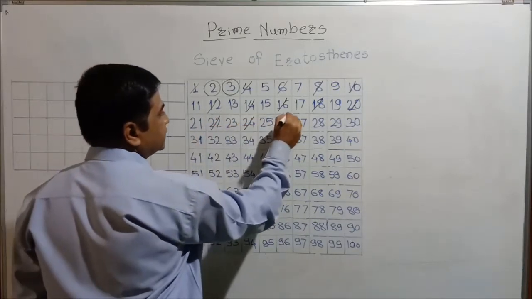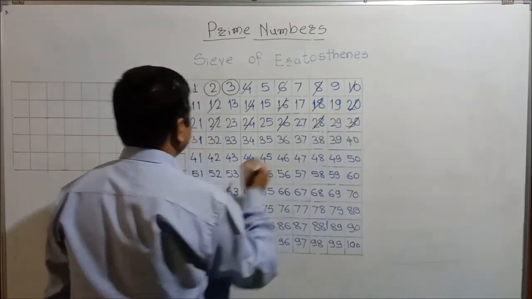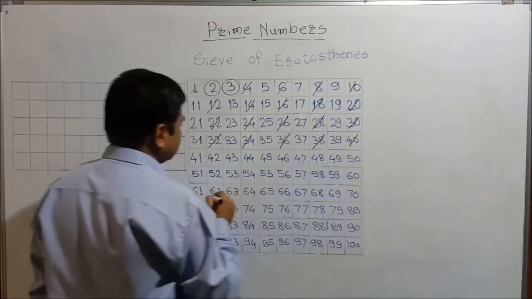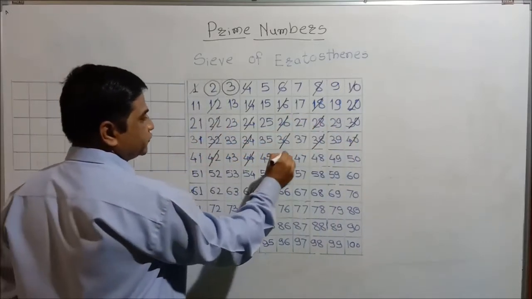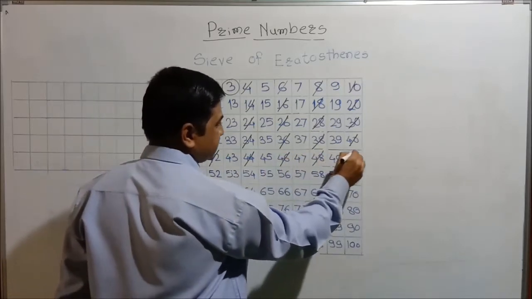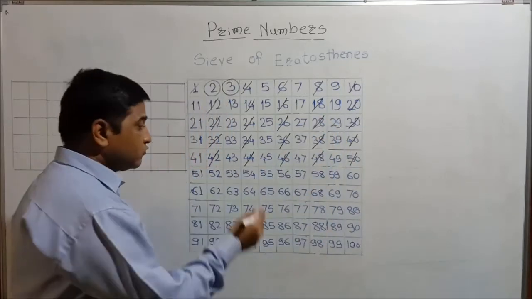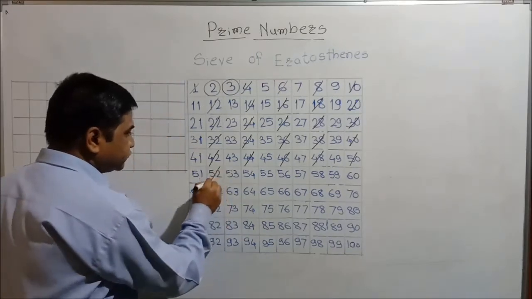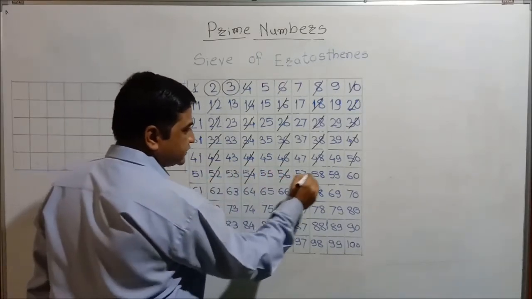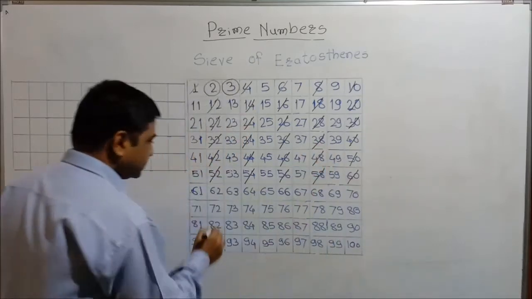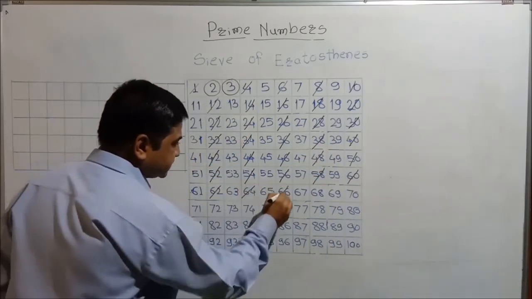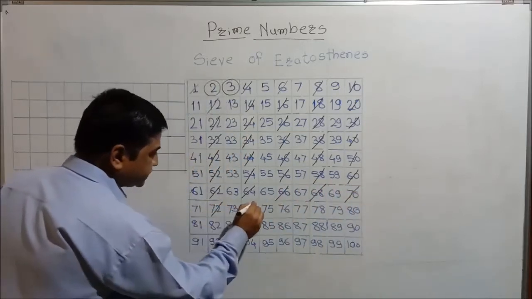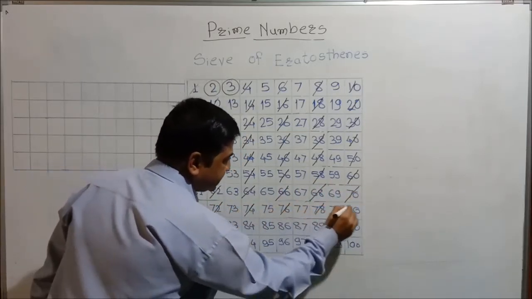22, 24, 26, 28, 30, 32, 34, 36, 38 and 40, 42, 44, 46, 48 and 50. What are the next numbers we have? That's 52, 54, 56, 58 and 60, 62, 64, 66, 68 and 70, 72, 74, 76, 78 and 80.